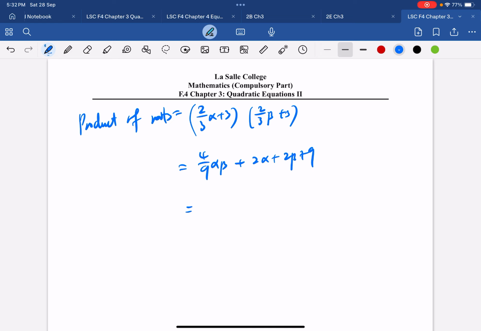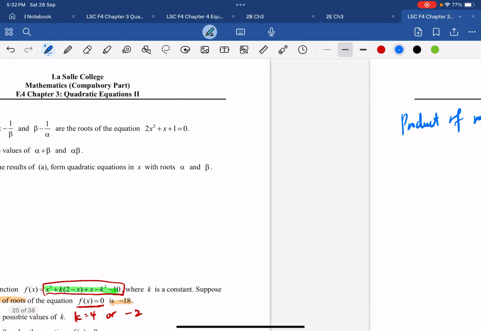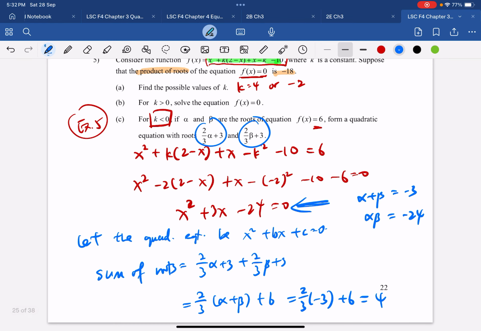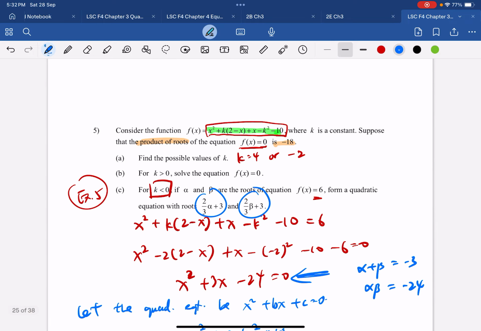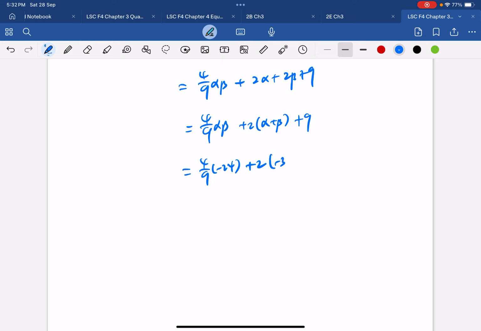Now, what's the value of alpha beta? Alpha beta is the product of roots for x squared plus 3x minus 24 equals 0. So alpha beta is negative 24, right? So substitute it. Alpha plus beta we found already, negative 3. So you use your calculator, you will calculate it as negative 23 over 3.